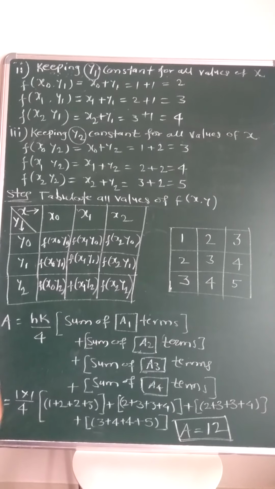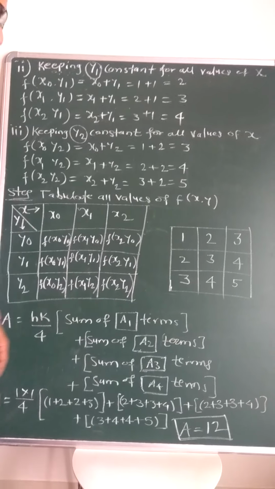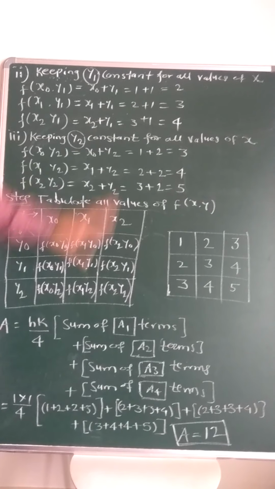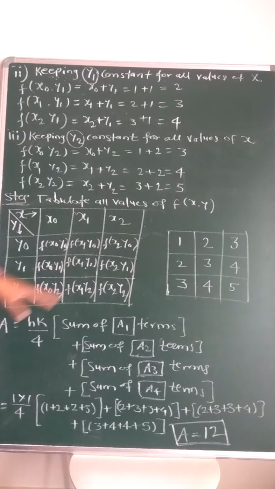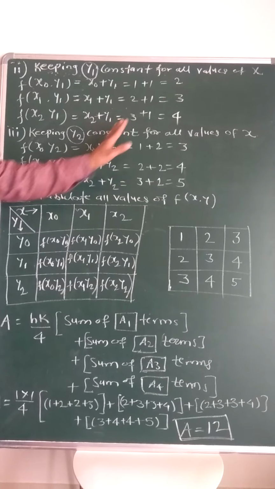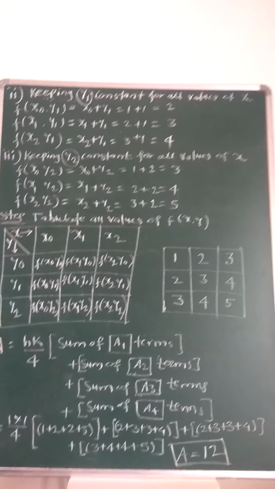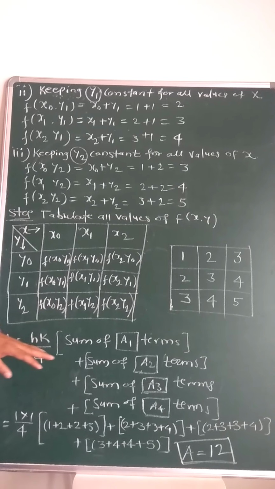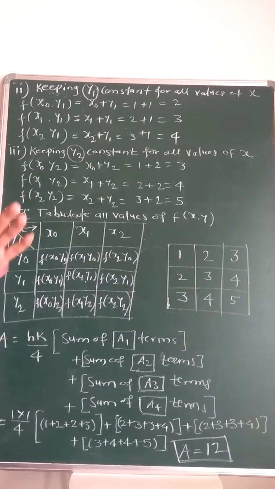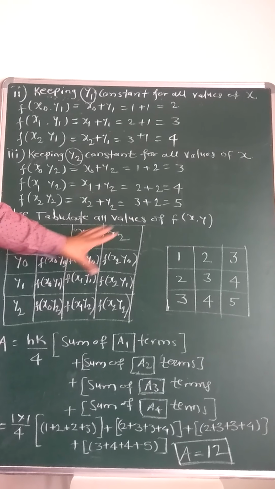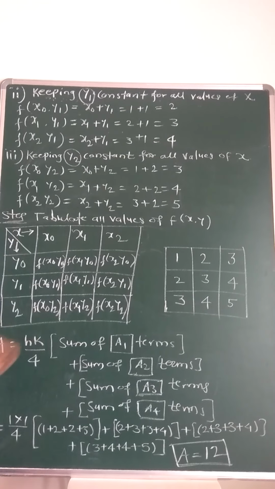Now the next step is to calculate the area for the given function. Right now we have calculated all the values of the function. We have the formula A is equal to hk by 4 times the sum of the a1 square terms for a single strip. Now here the number of strips is 2.